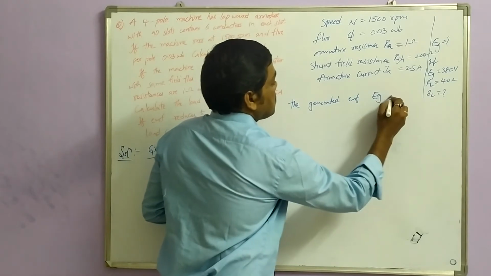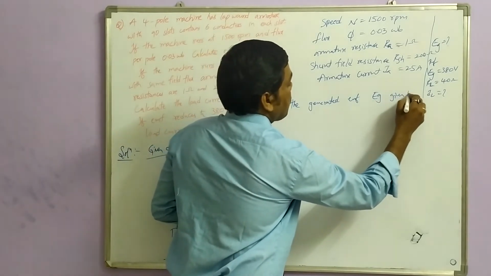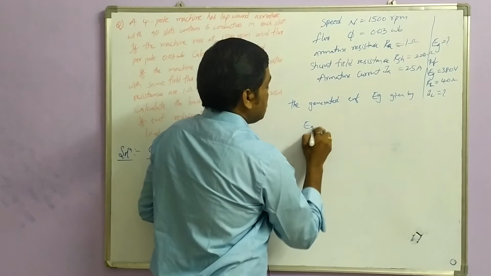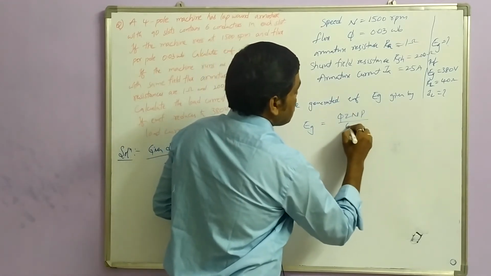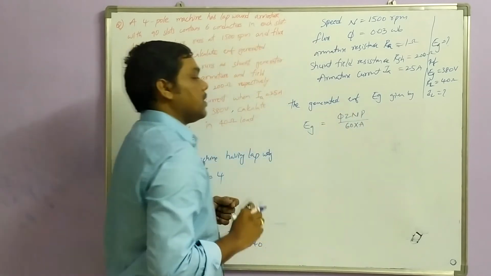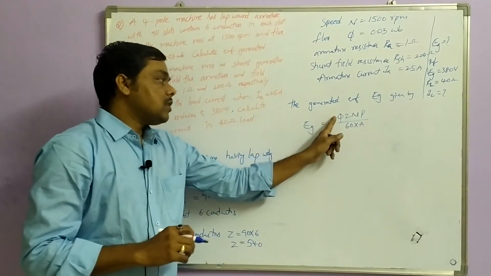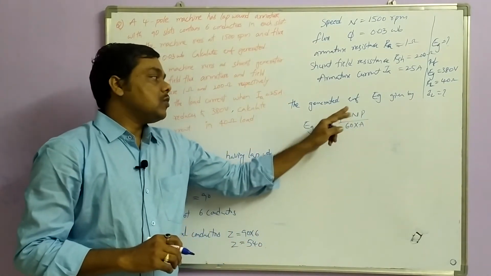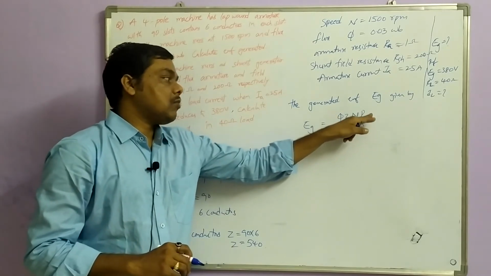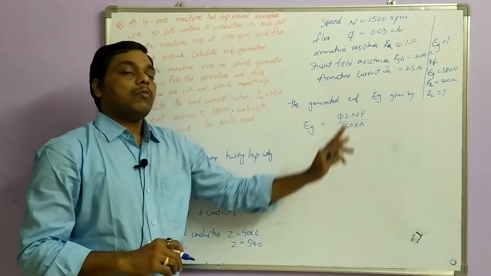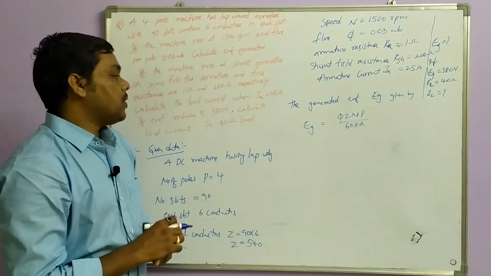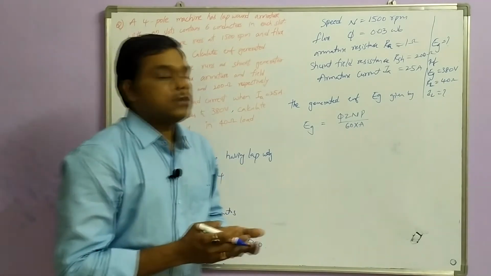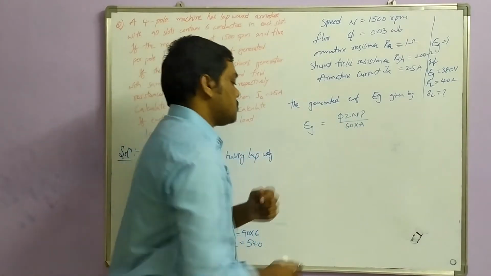The generated EMF EG is given by flux Z N P by 60 A. Flux, number of conductors, speed and number of poles are given, and the number of parallel paths we can calculate, since it is a lap winding: number of parallel paths A is equal to number of poles P, which is 4.